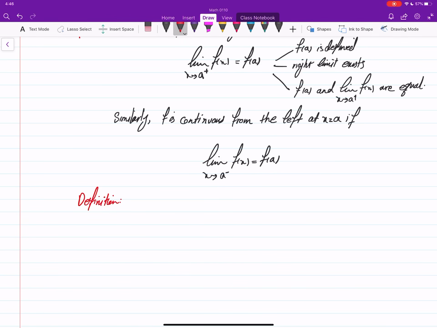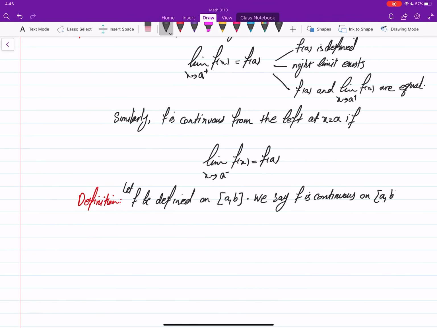Definition. Let f be defined on the closed interval [a, b]. We say f is continuous on [a, b], on the whole interval, not at a point, if this happens.